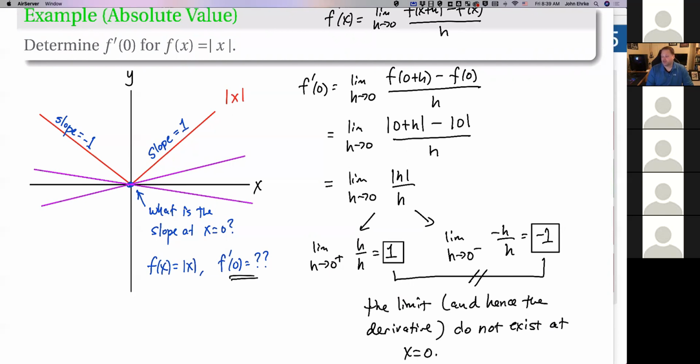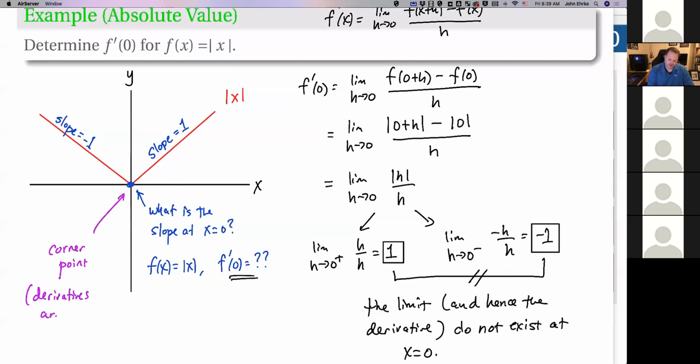And so I can't settle on one single value because the values coming in from the sides don't agree. So what actually happens at the point is a bit of a mystery. You can't calculate the derivative there. So this is what we call a corner point. And at all corner points, derivatives are undefined. You cannot take the derivative at a corner.